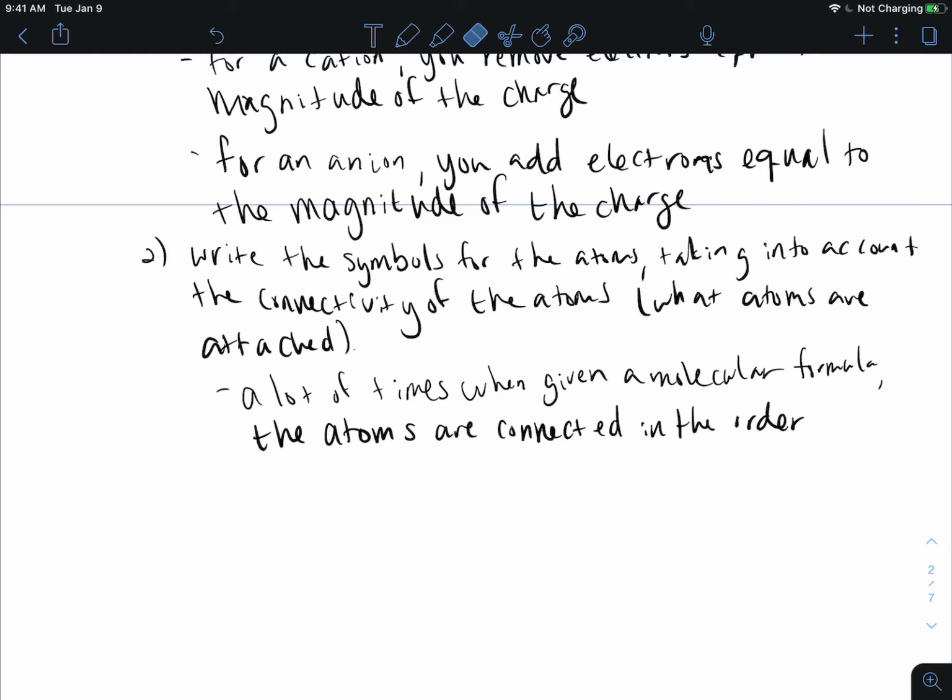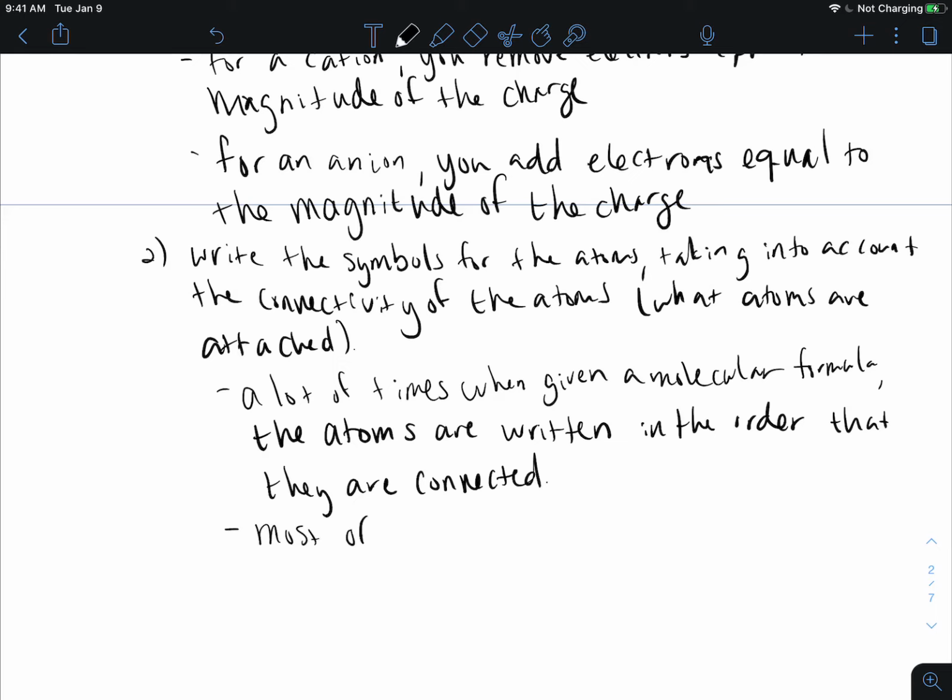Excuse me, the atoms are written in the order that they are connected. Okay? And most times for this class at least, there will be a central atom.